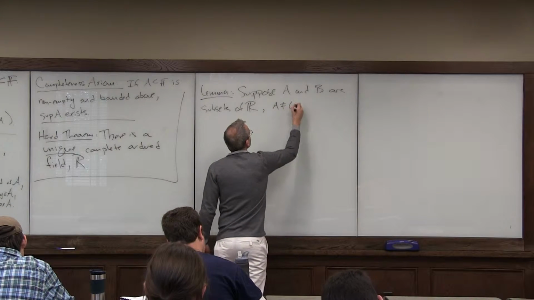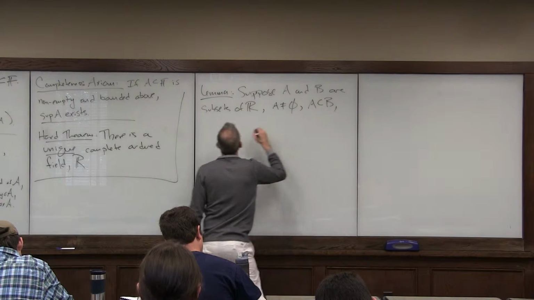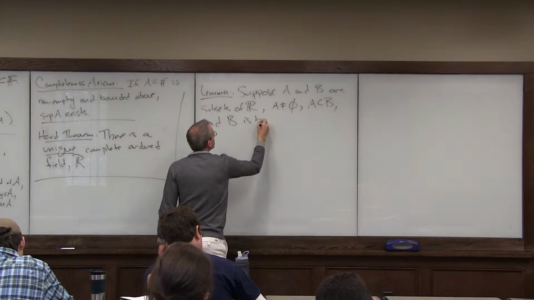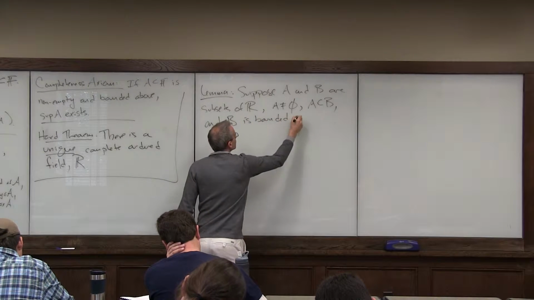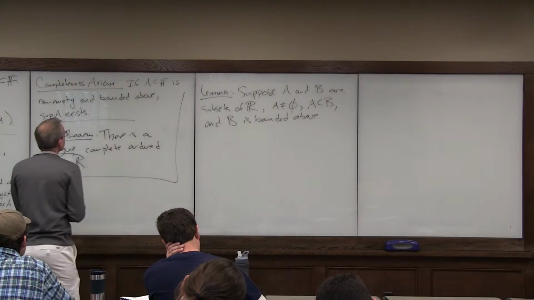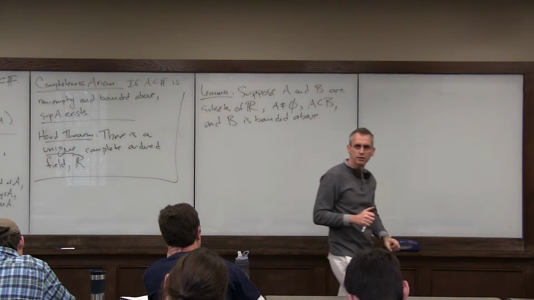A is not equal to the empty set. A is a subset of B. And B is bounded above. Actually, I think I didn't use this wording earlier. Bounded above means that it has an upper bound.